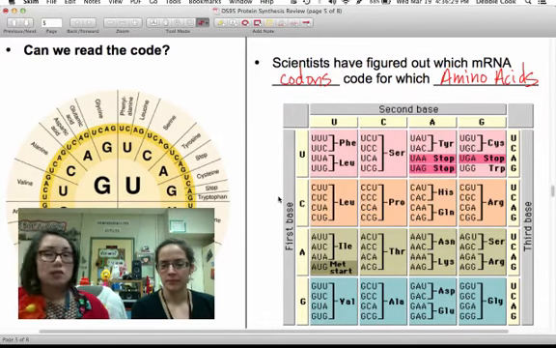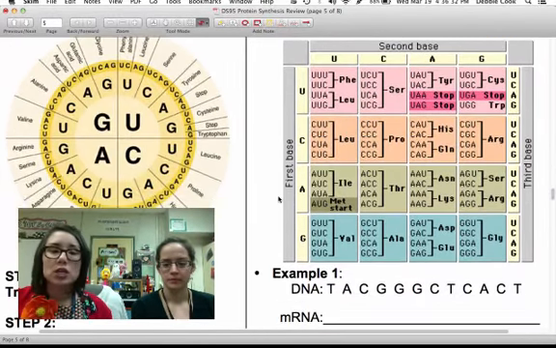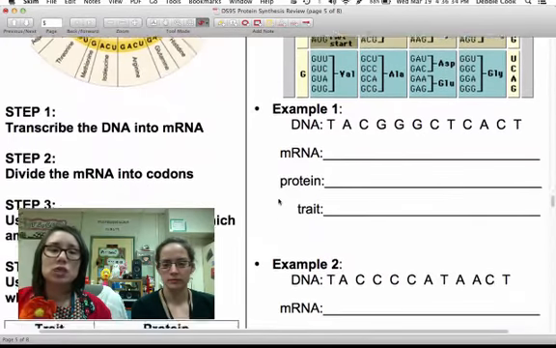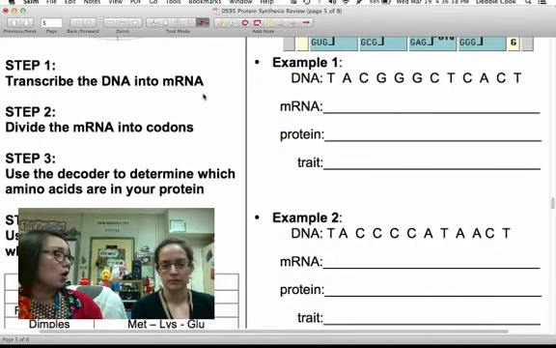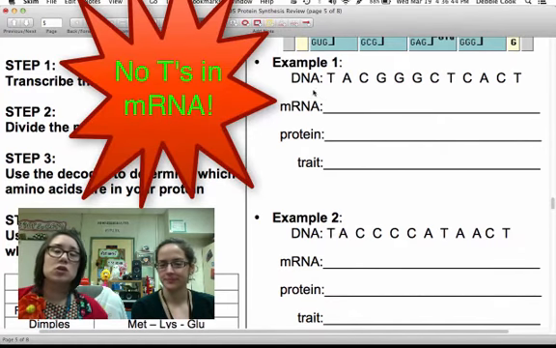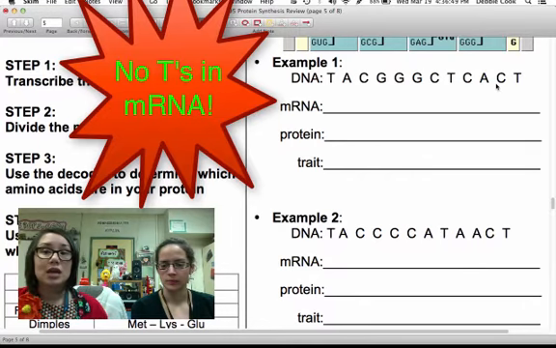So let's see if we can go ahead and figure out how to do it. So we're going to start out with step number 1. So if we look down here, it says transcribe the DNA into messenger RNA. All that means is we're going to use our base pairing rule, but what are we never going to have in messenger RNA? T. Okay, so here's our first example. Our DNA is TAC, GGG, CT, CACT.